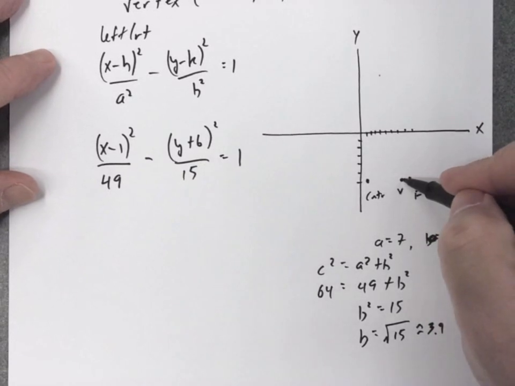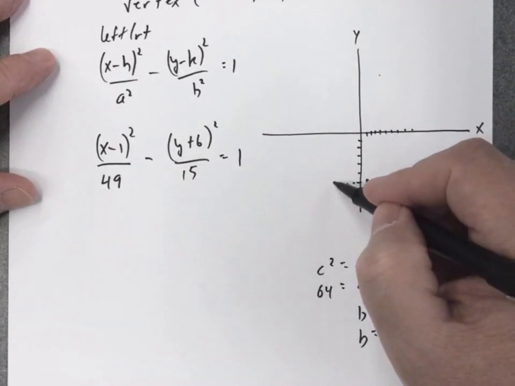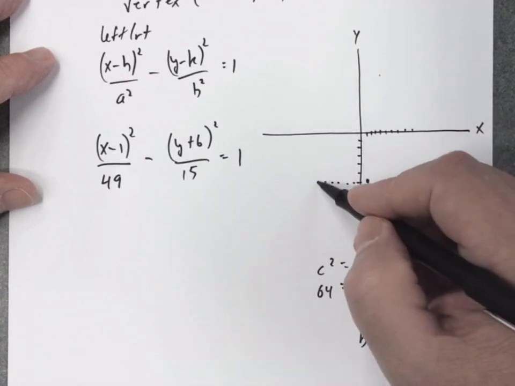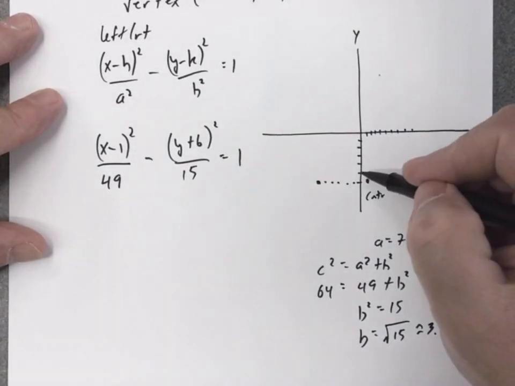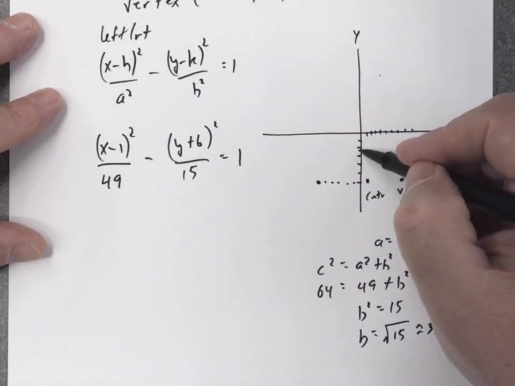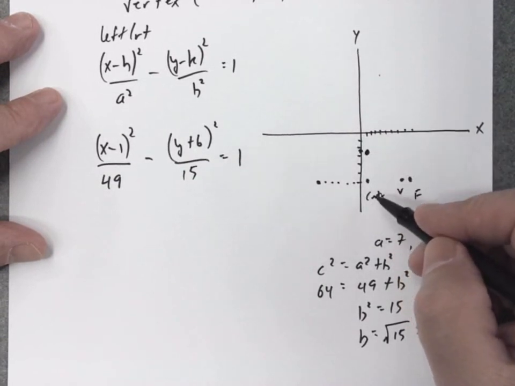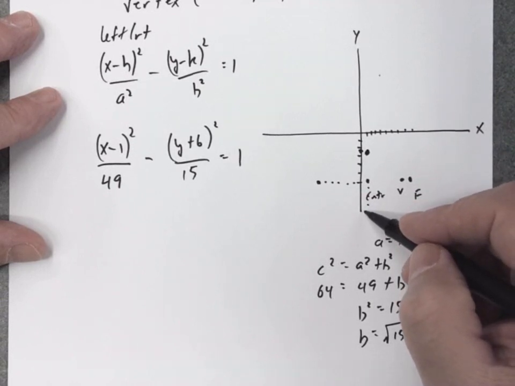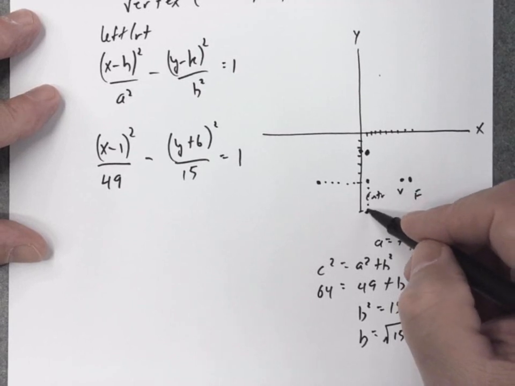I need to get my other vertex, so I need to move 7. And then I need to move up and down for b, like 4. Not quite 4. One, two, three, four.